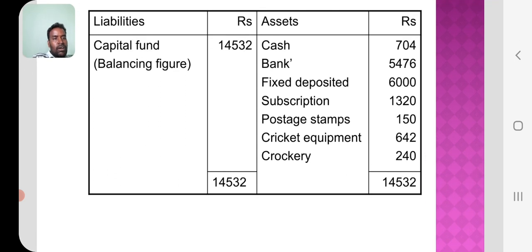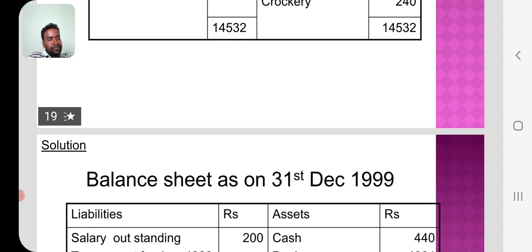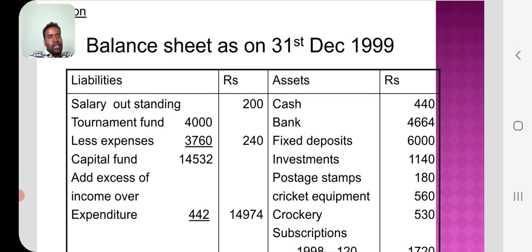Cash means the opening balance of cash, bank means the opening balance, fixed deposit opening, subscription of last year means the current year's opening balance, postage stamps, cricket equipment, crockery, the same. Whatever the balance is, it should be named as capital fund, the balancing figure, 14,532. So this is the main balance sheet.